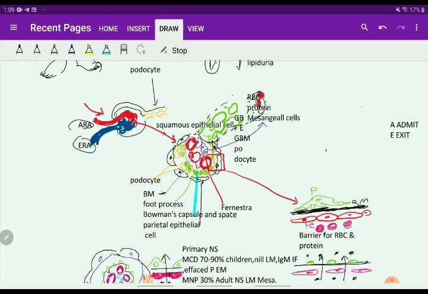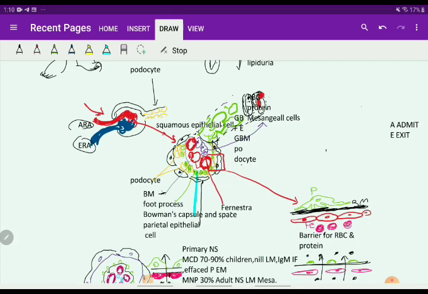So we have a barrier composed of the podocytes, and in addition to the podocytes we have the basement membrane, and we have the endothelium with its fenestra that filters the fluid.